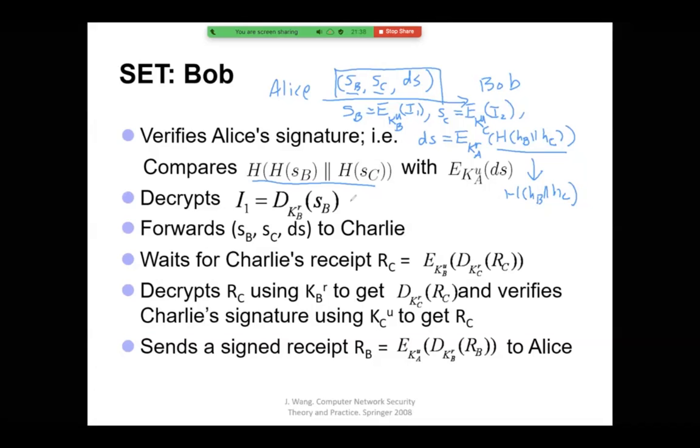So then Bob can decrypt SB using his private key. So then you get the purchase order.